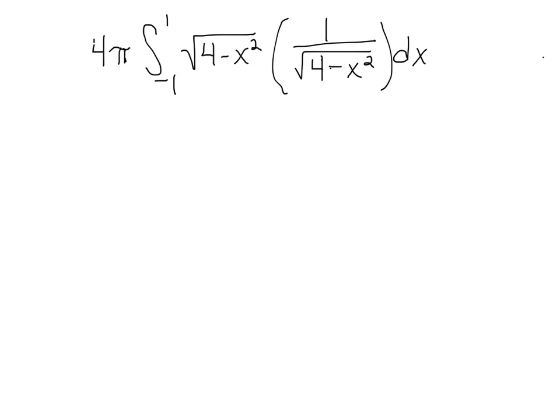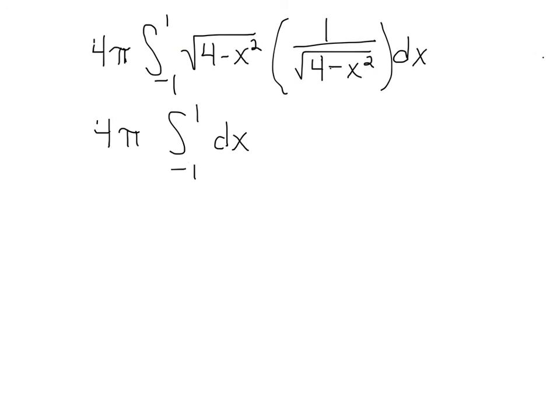If we look here, we can cancel out the square roots of 4 minus x squared. So we're now just integrating from -1 to 1 of dx.